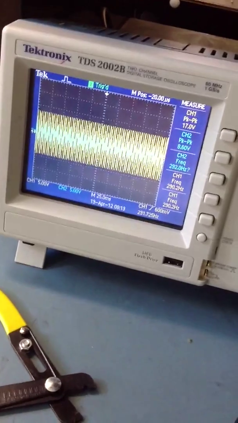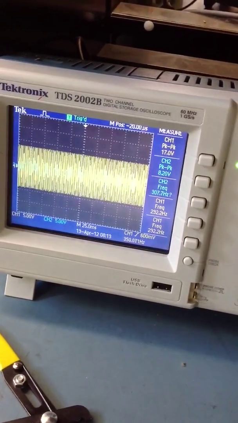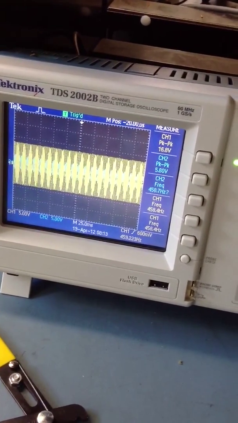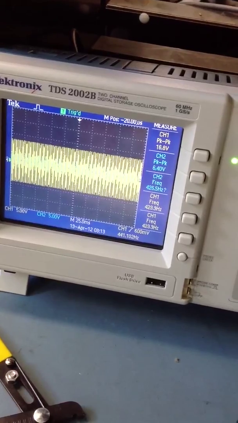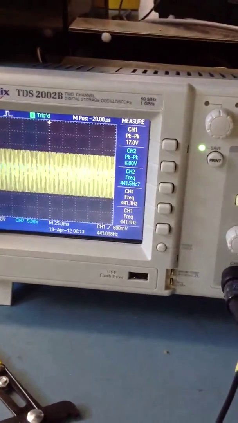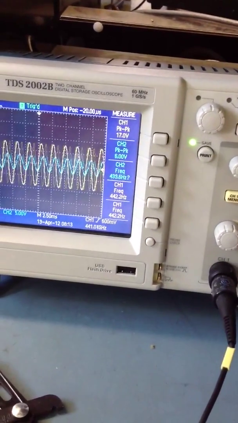Oh shoot, sorry. I was filming the wrong thing. Almost there. 460. I'm using these knobs, the fine one. Gotta make sure to look at it. Zoom in a little bit.